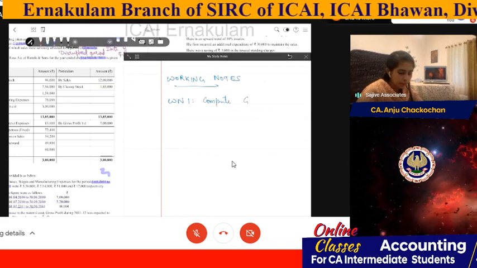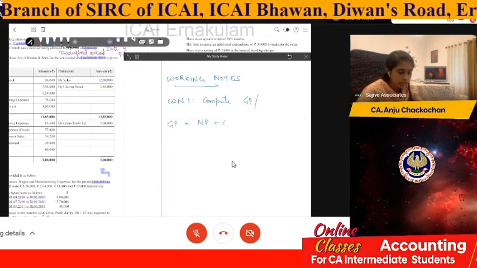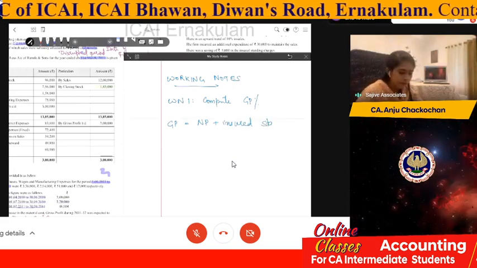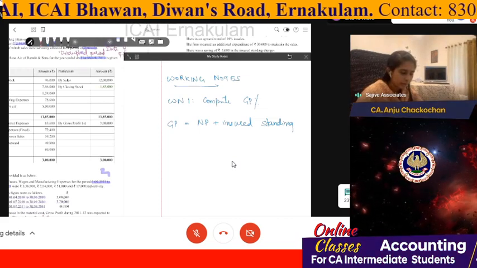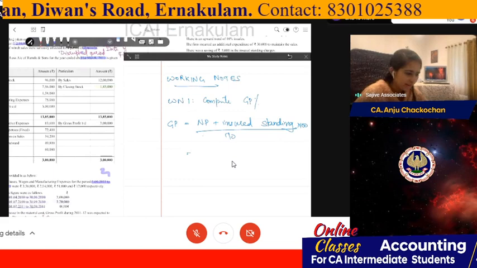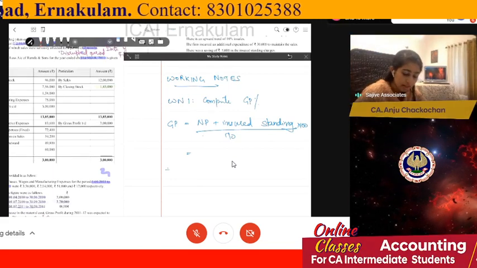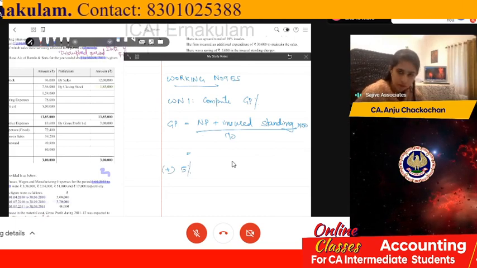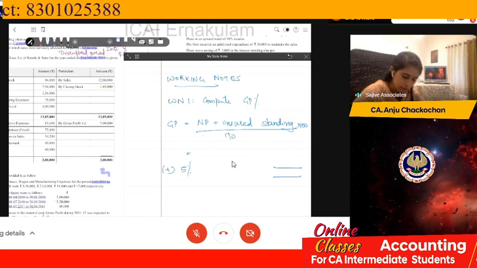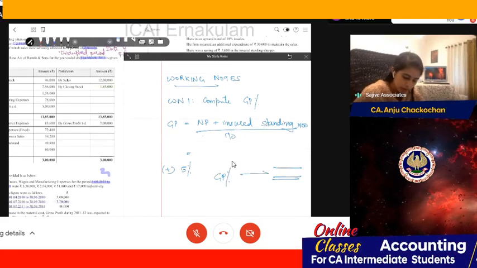GP will be net profit plus insured standing charges whole divided by turnover into 100. Okay, Harshita. Good. So you'll be pulling up the figures, and then it is said in the question that an increase of 5% in GP is expected, and so you get the GP percentage. Compute that. That is working note number 1.